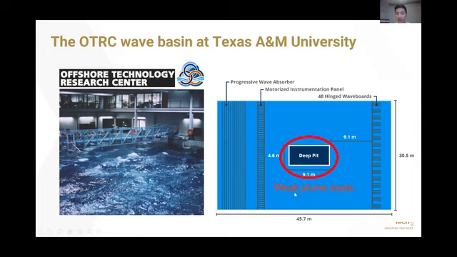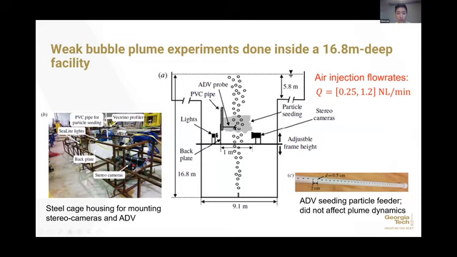This pit has a horizontal dimension of about 4.6 meters by 9 meters, but it's very deep. In the next slide, you will see the vertical cross-section view. In this dip pit, the total height is about 16.8 meters, and the cross-section, as I mentioned, is 4.6 by 9.1 meters.